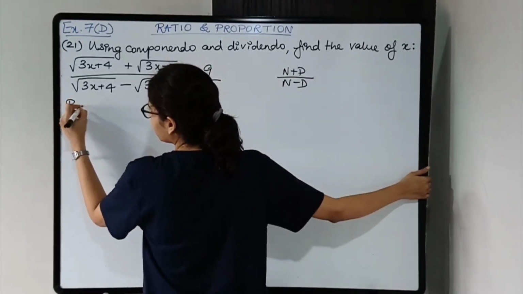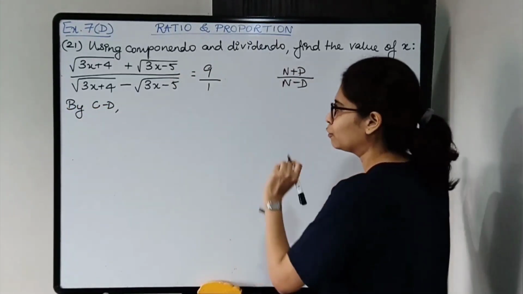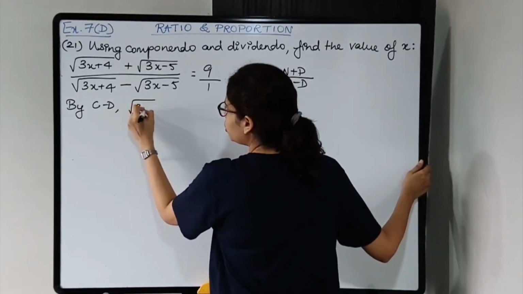So by componendo dividendo, I'm not writing the full thing. Okay, write down the full thing. By componendo dividendo, numerator, put brackets.